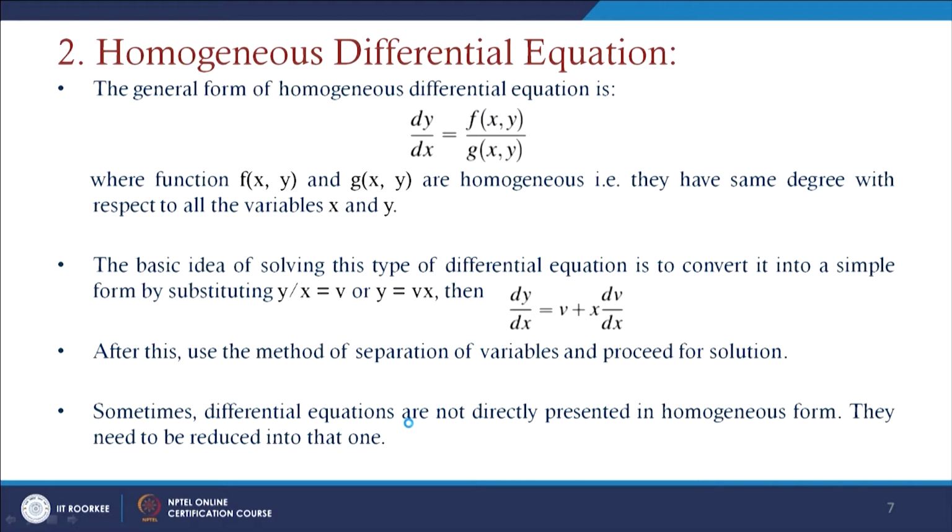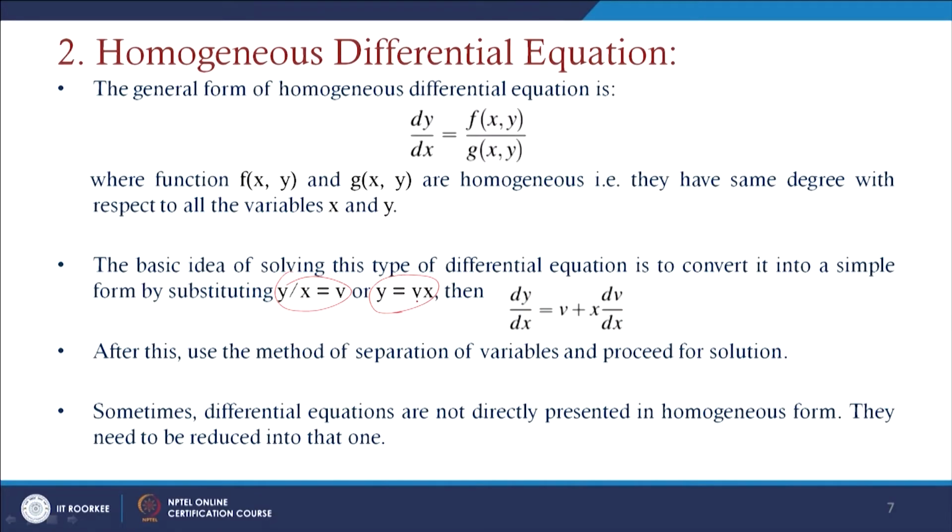And if you substitute y by x equals v, then we can write y equals vx here. We are introducing another variable v, which can be separated out, since it involves all the product terms in terms of y and x.